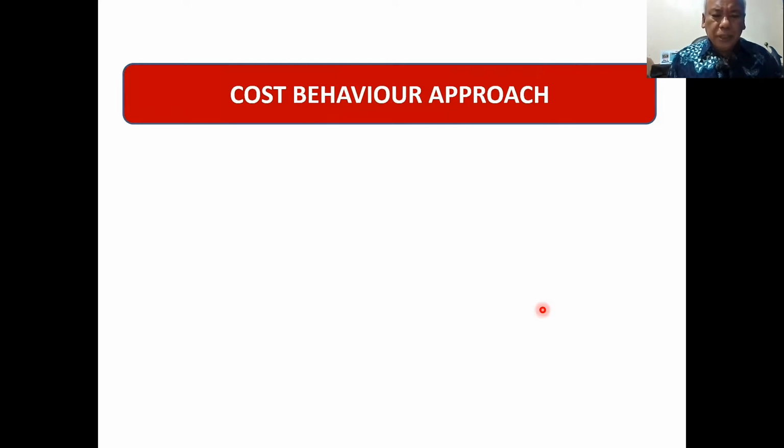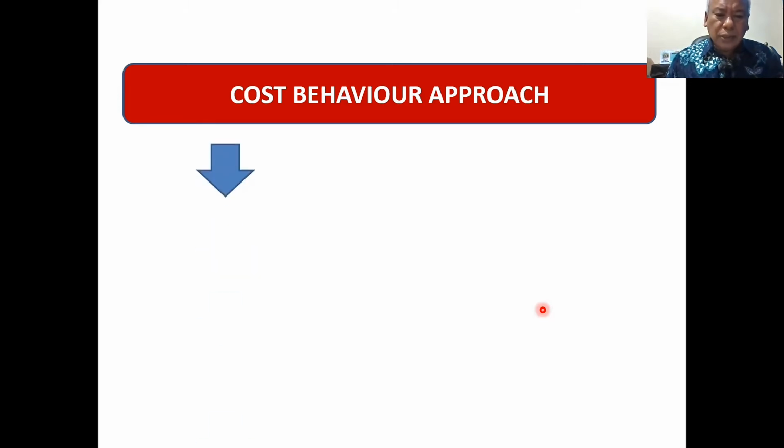In the previous meeting, we already discussed how we classify costs into variable costs, fixed costs, and semi-variable costs. And then we also discussed how to spread or break down the semi-variable costs into variable costs and fixed costs. Now, we will discuss the cost behavior approach.